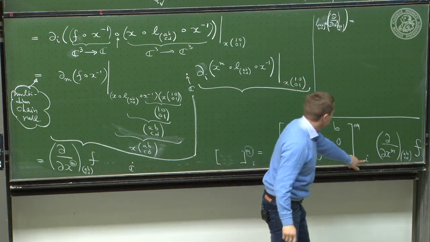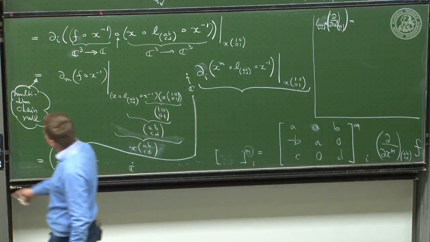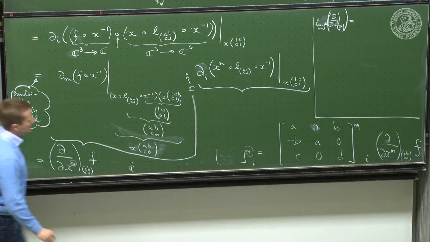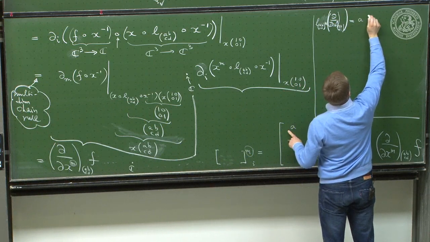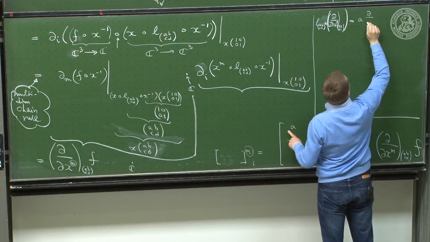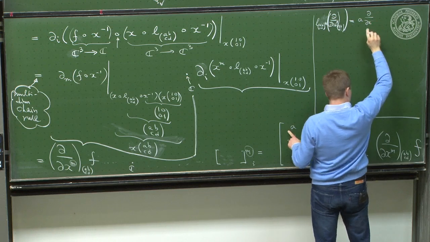That means I equals 1, that means the column is 1, so I have to read down this column. This equals A d by dx1.